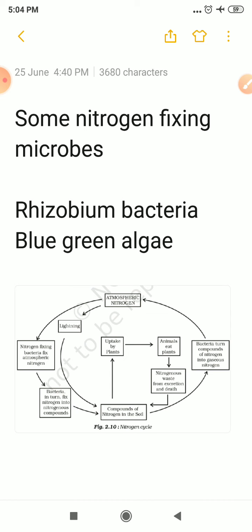After these plants, human beings, or animals die, again these nitrogenous compounds are converted into nitrites, usable compounds for plants, by microorganisms. And some nitrogenous compounds, nitrates, that are not used by plants are again converted into nitrogen gas by some microorganisms. In this way, this nitrogen cycle works.